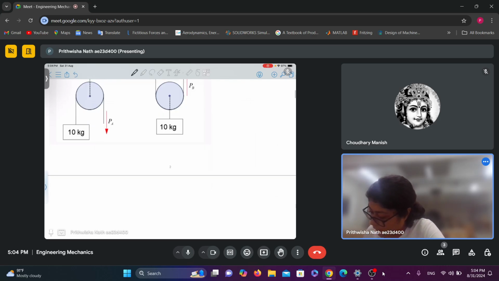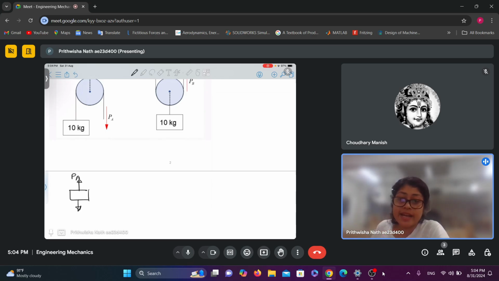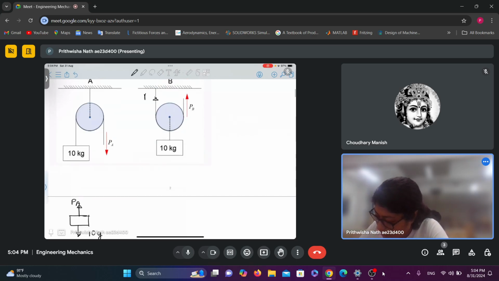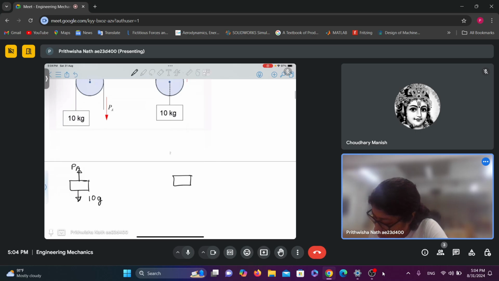So for case A, this is 10 kg, so the force will be 10 g. Now, for the second case, the tension here will be Pb, so here it will be 2 Pb.